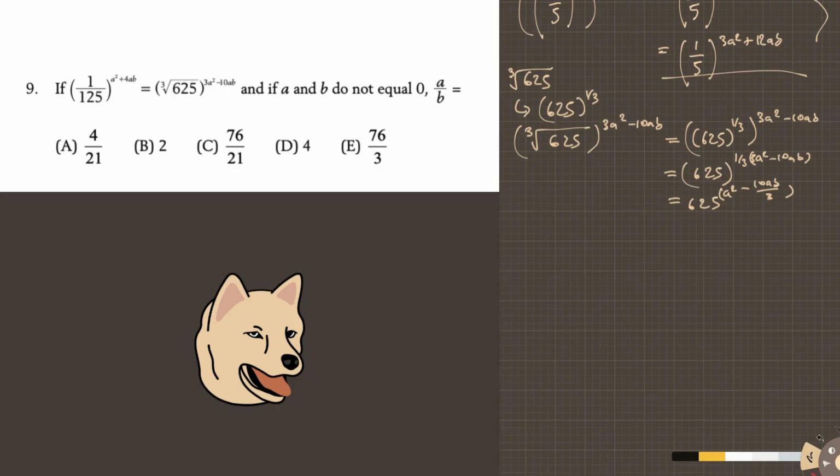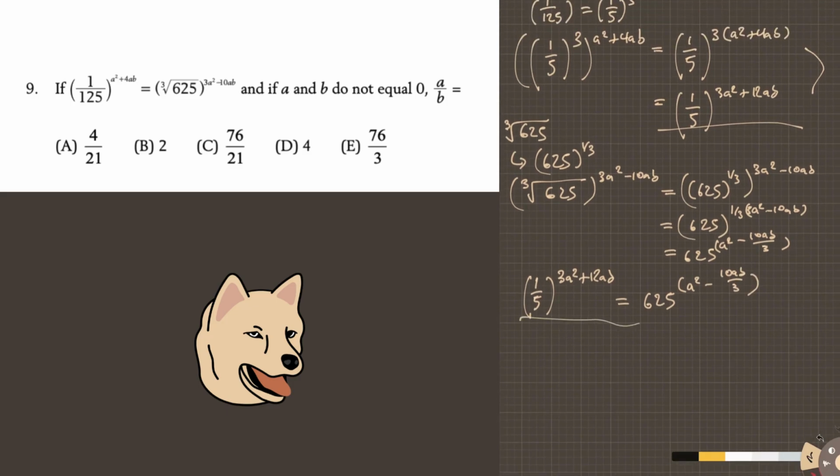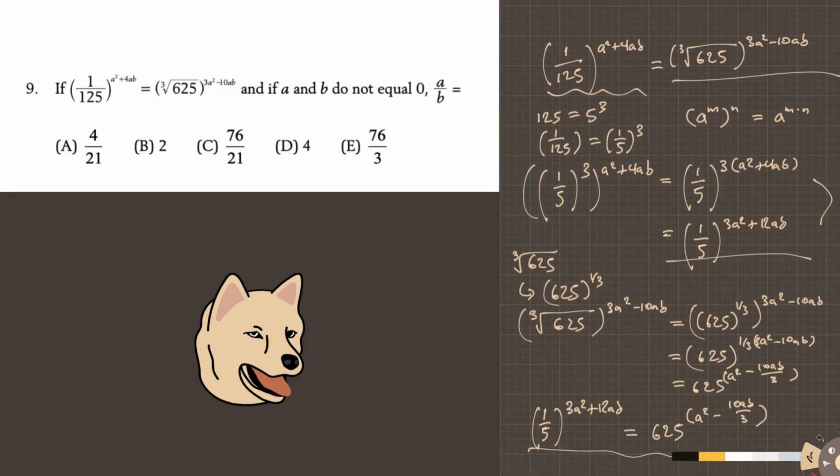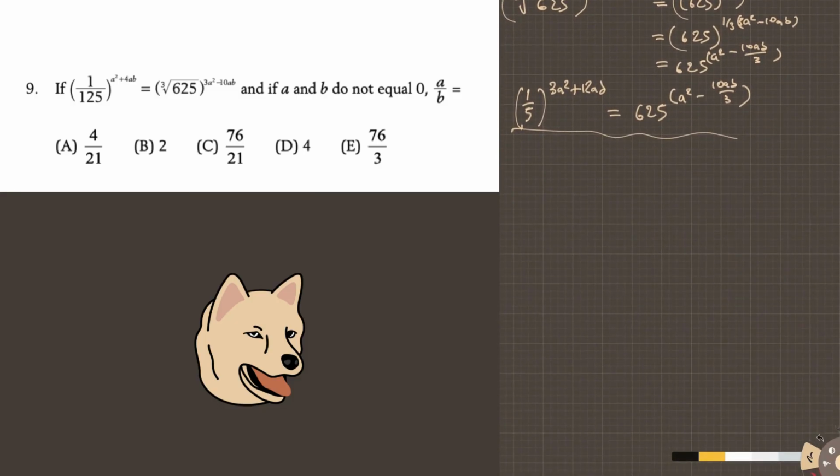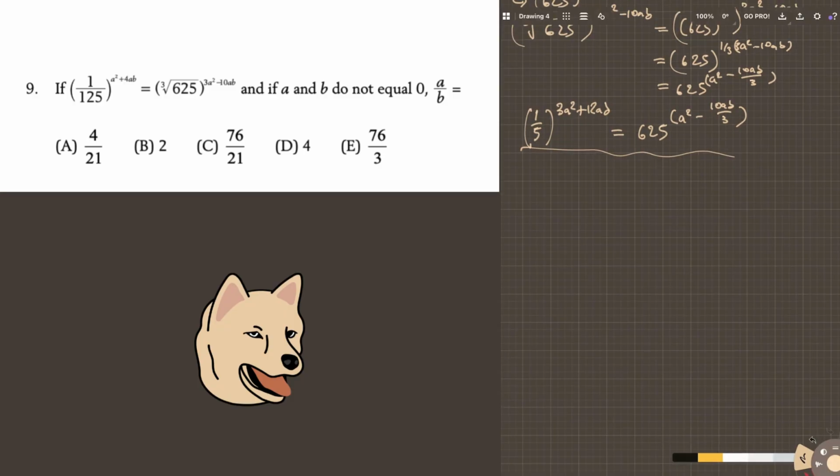So combining what we had earlier, we can say 1 over 5 to the power of 3a squared plus 12ab is equal to 625 to the power of (a squared minus 10ab) over 3. You see how this is just a lot cleaner to work with than the original equation? I mean, it's not the best, but we're getting there. So let's see, how can we improve from here?